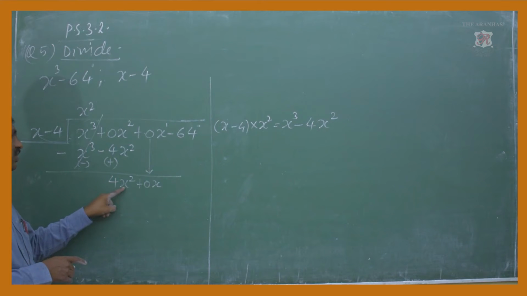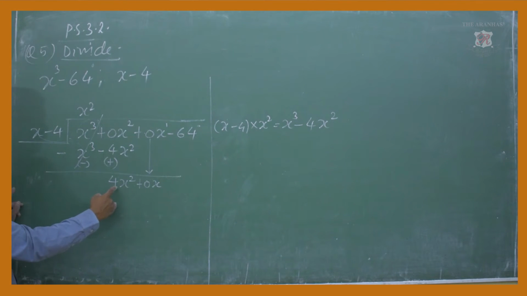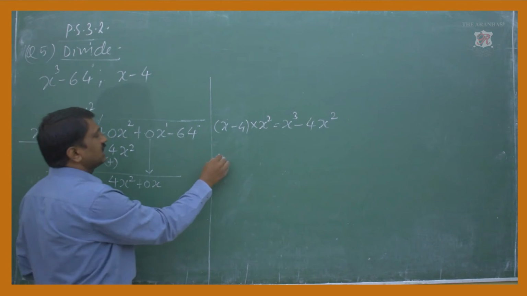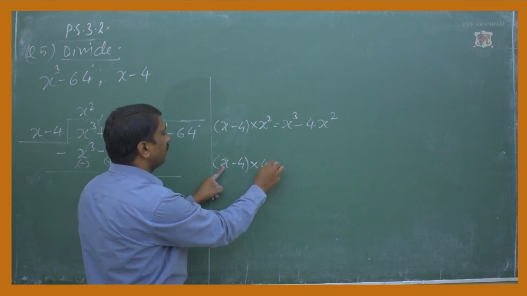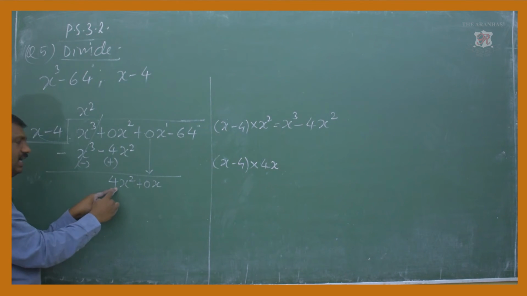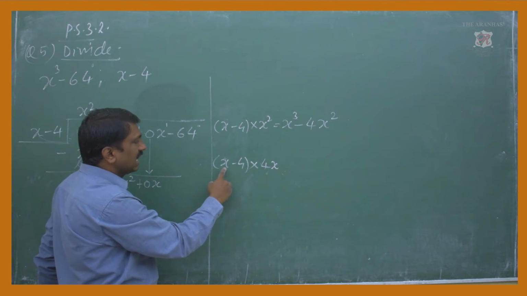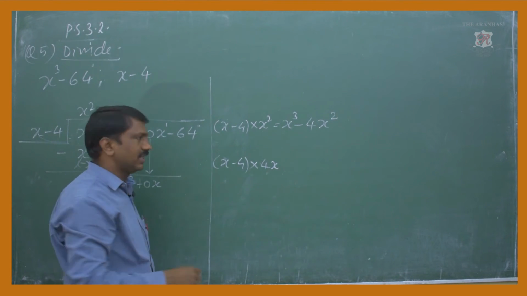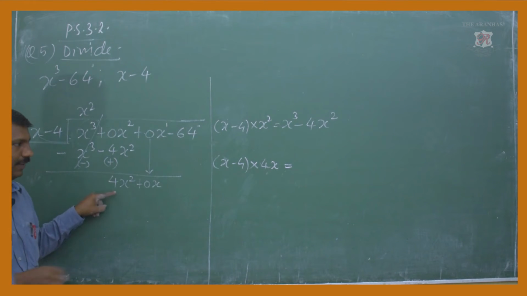So which term is not here? Immediately we come to know that this is 4x square and this is x, means for x minus 4, if we multiply with 4x, obviously we can get 4x square. So this divisor x minus 4 we will multiply by 4x, because we need 4x square.